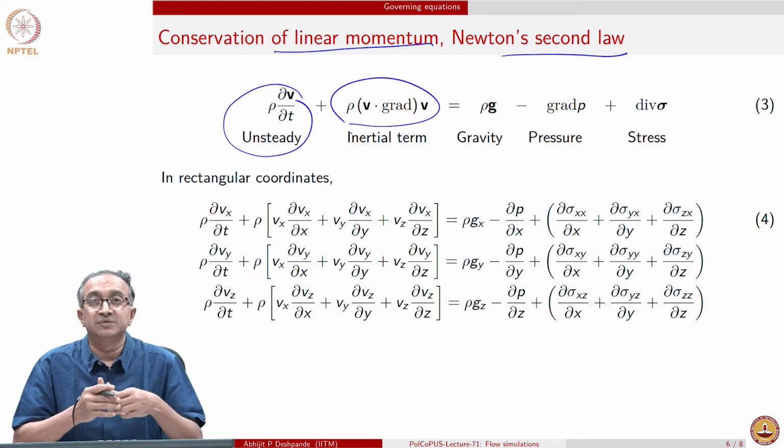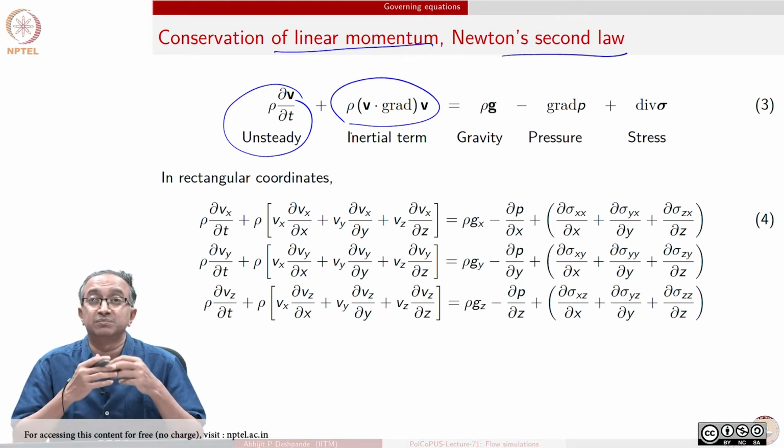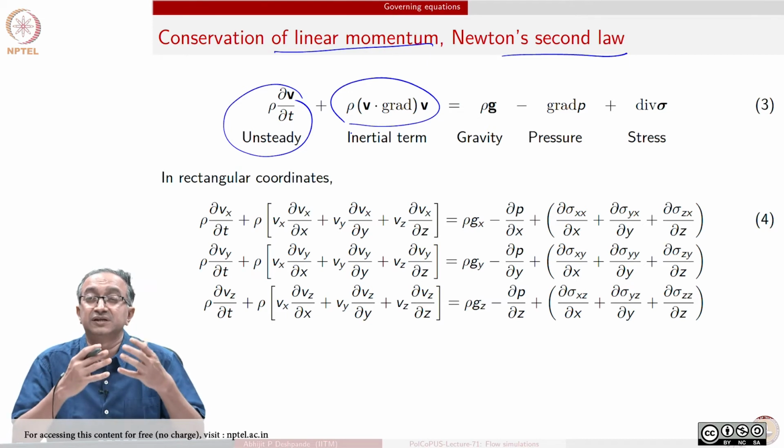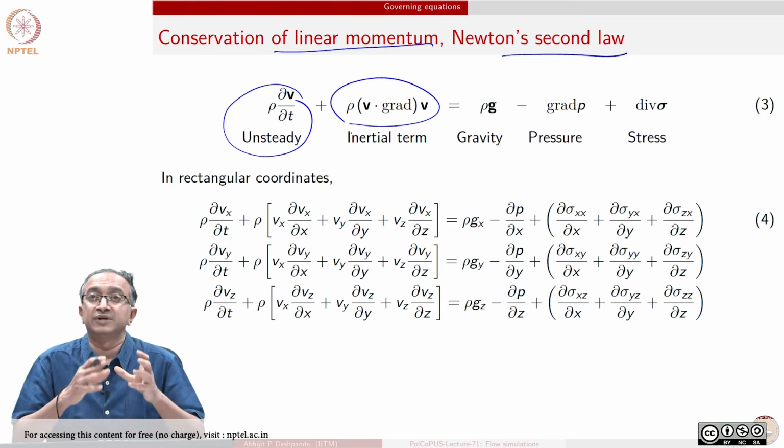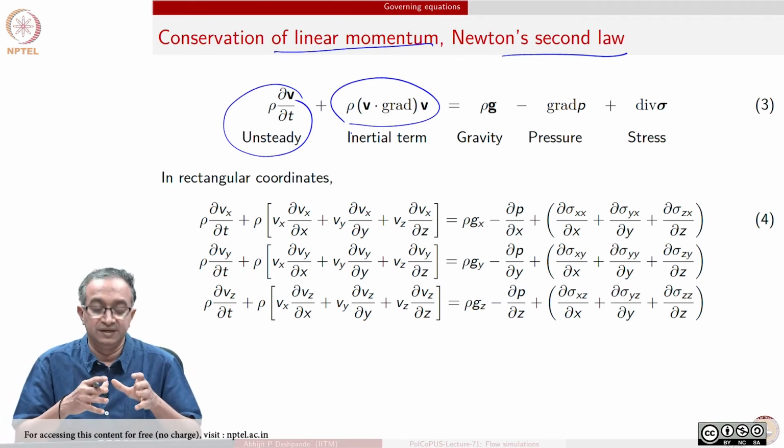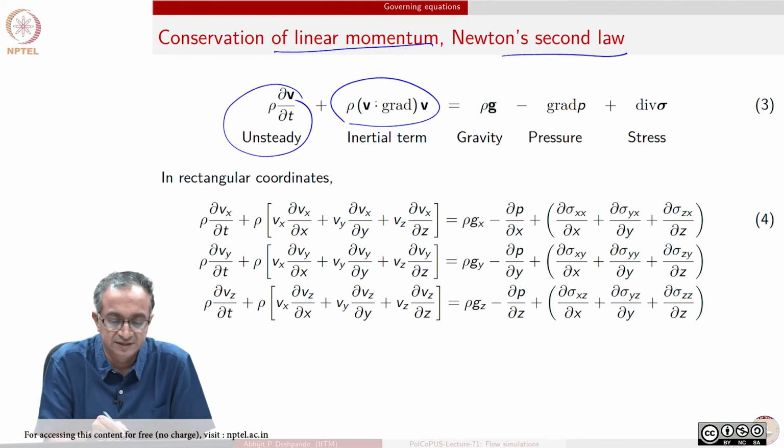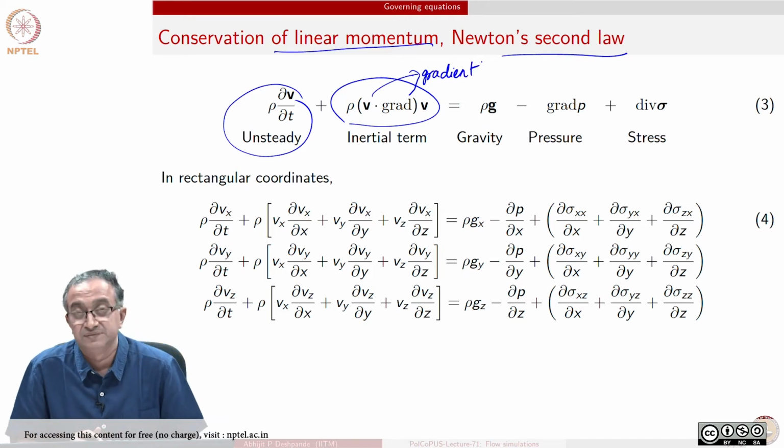So, the unsteady term is related to velocity at a fixed point, but change related to time, while the inertial term is related to, as the material particle is moving, as the fluid element is moving, as the polymer is moving, what is the change in its velocity. So, that is why there is a gradient operator being used here, and gradient implies derivatives with respect to space.